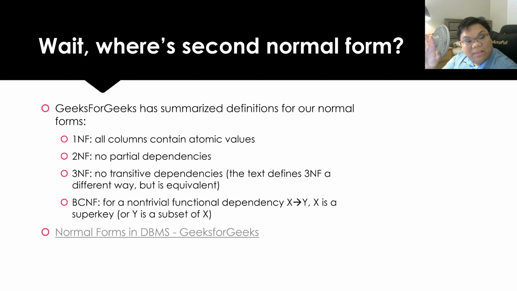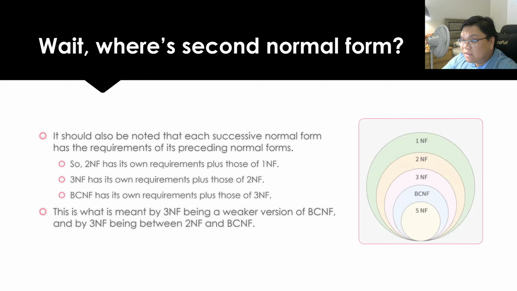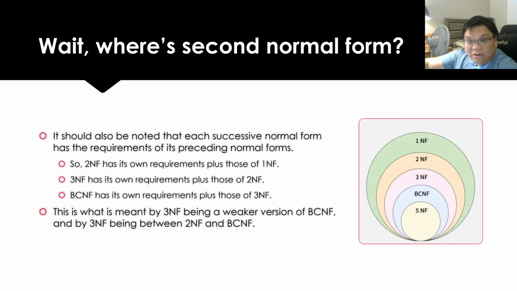So those are the definitions of all of our normal forms, but because each higher normal form builds off of the last, it means each higher normal form has all the requirements of all the normal forms before it. So second normal form has its own requirements plus those of first normal form.